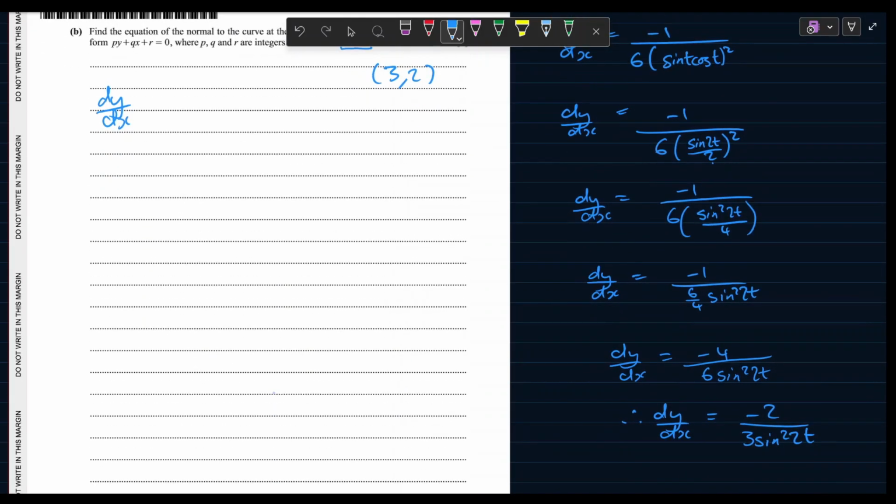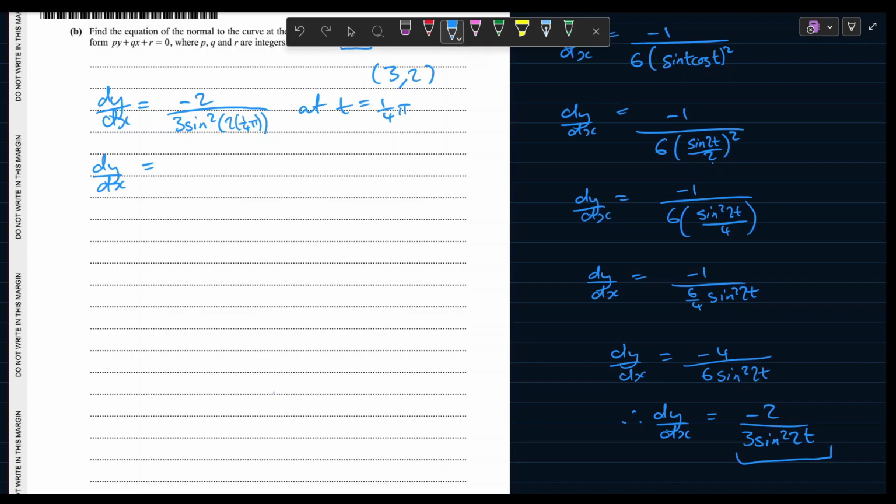So our dy/dx, we know that is negative 2 over 3 sine squared 2t, but we want to do this at t is equal to a quarter pi. So that means dy/dx is going to be negative 2 over 3 sine squared 2 times a quarter pi.